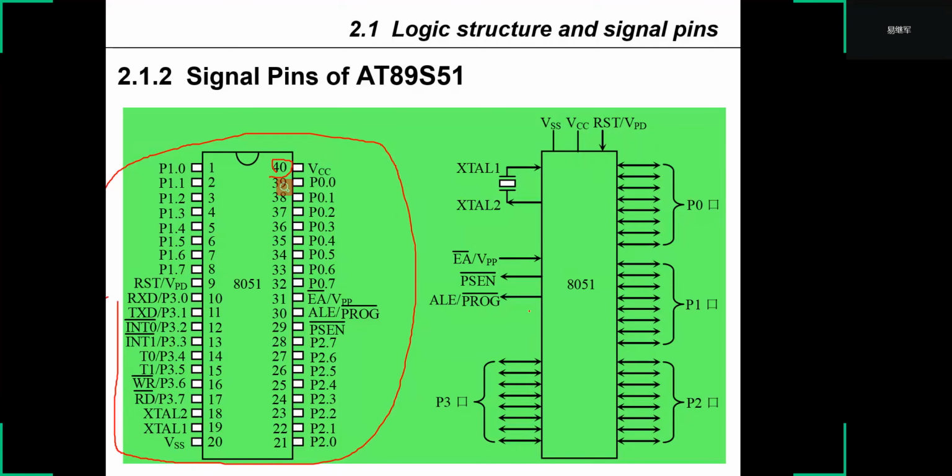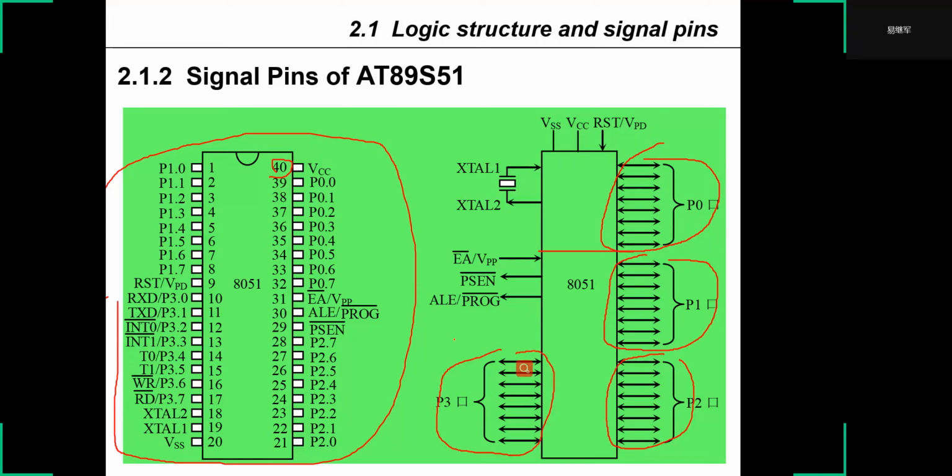And if we categorize the pins into different types, here is the P0 port, here is the P1 port, P2 port, P3 port.